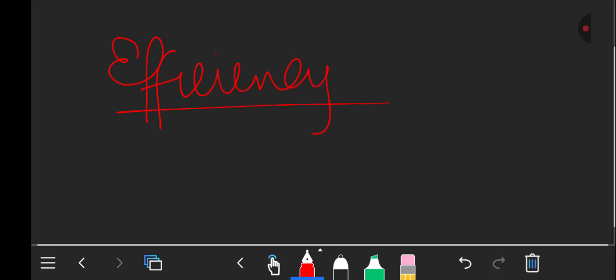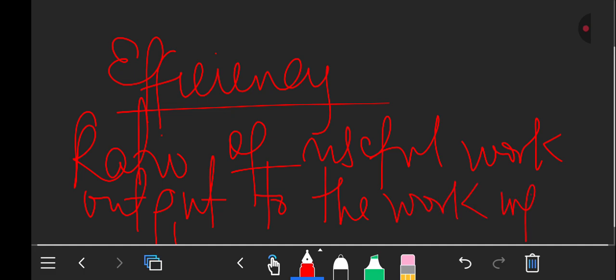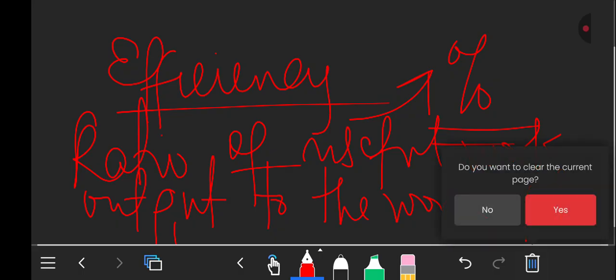You can say efficiency is just the ratio of useful work output to the total work input, and this ratio should be expressed as a percentage. So that's the other way you can define efficiency.